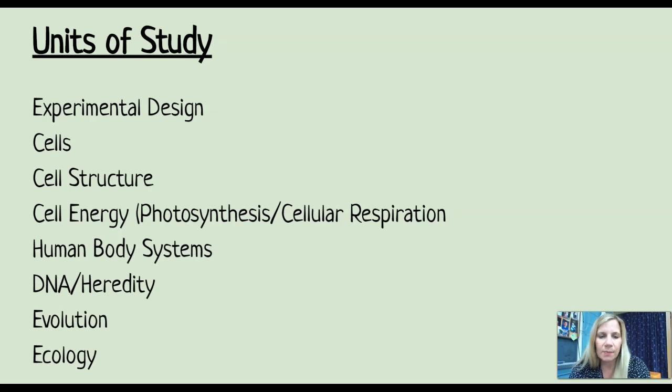We spend a lot of time talking about the chloroplast and the mitochondria when we get into cell energy, photosynthesis, and cellular respiration. We go into three human body systems in detail: the cardiovascular system, the digestive system, and the respiratory system. We have a couple of units about DNA and heredity, evolution, and then lastly, we get into ecology towards the end of the year.